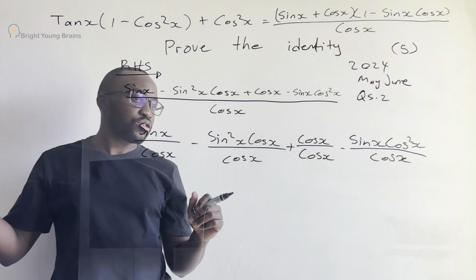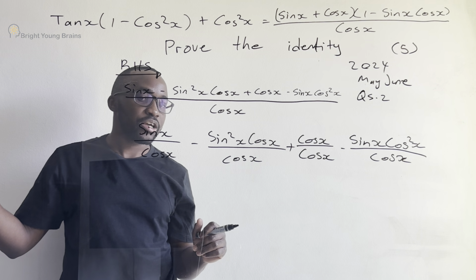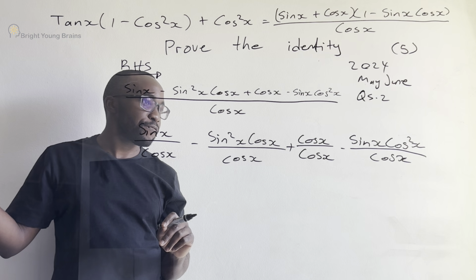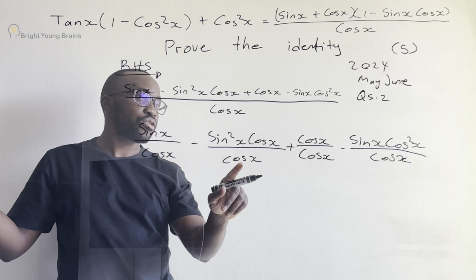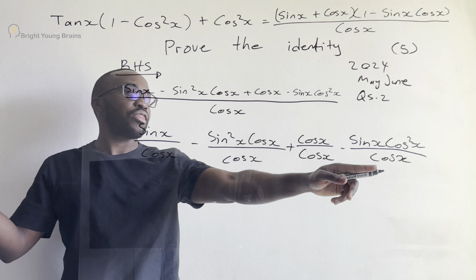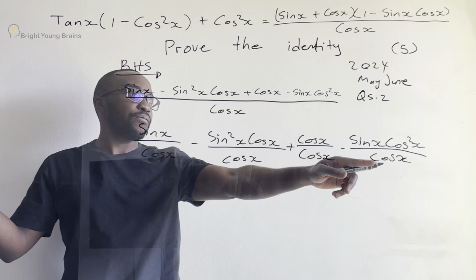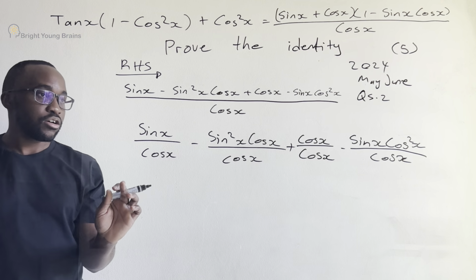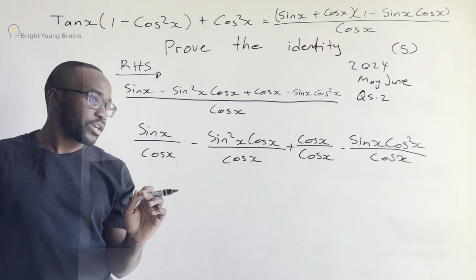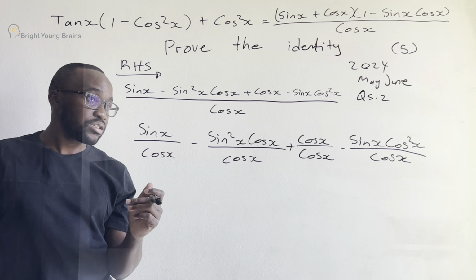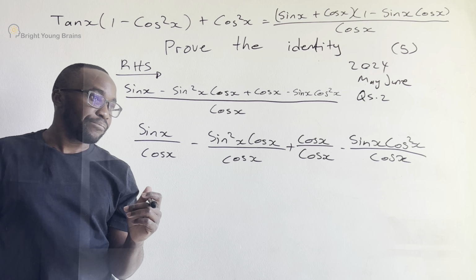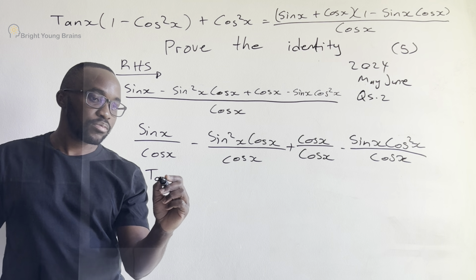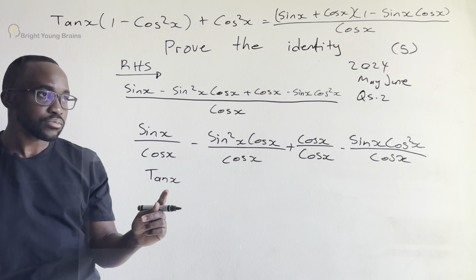So for us to at least have tan x twice in this expression, we fortunately have one scenario over here and another scenario over there where we can have tan x somewhere, and here also. So let's see how many times we can actually have tan x in this expression while it is actually necessary. So this we can change to tan x. Let's maybe change that to tan x.